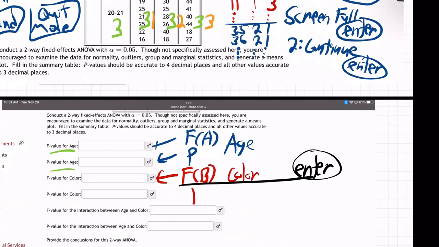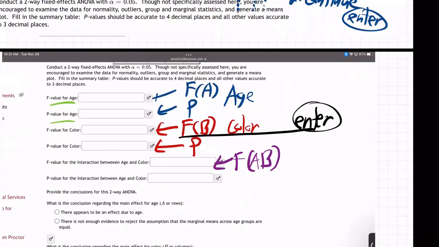It'll give you the P value for color, and then the F for AB, which is the interaction. Is it a combo effect of how old the person is and a certain color scheme? Do the 16 to 17-year-olds really like the blue yellow color scheme, for example? That's the AB and the p-value that goes with that.